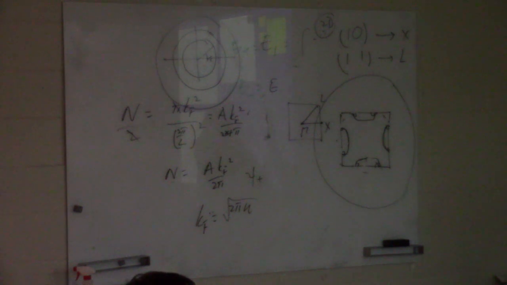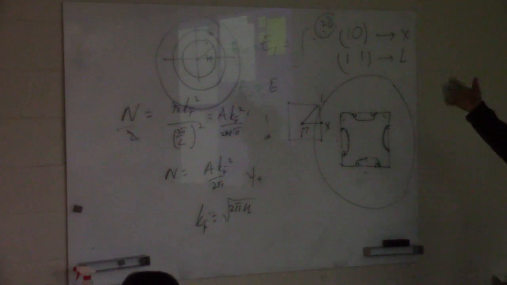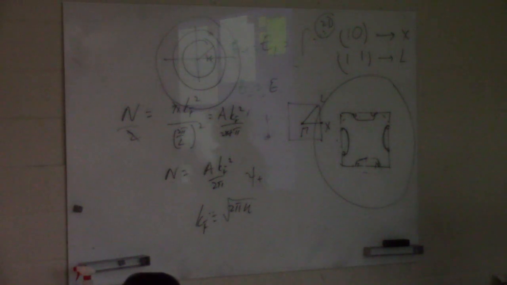X is more like 1, 0 in two dimensions, but in three dimensions it is usually the 1, 0, 0 direction. If you go in the 1, 0, 0 direction, where it cuts is the same as the X point. If you go in the 1, 1, 1 direction, it is basically the L point, right?